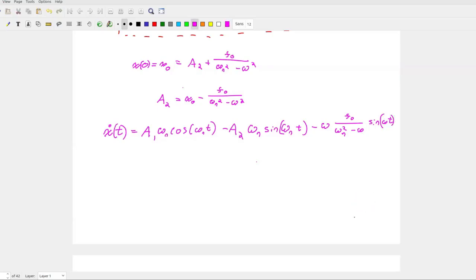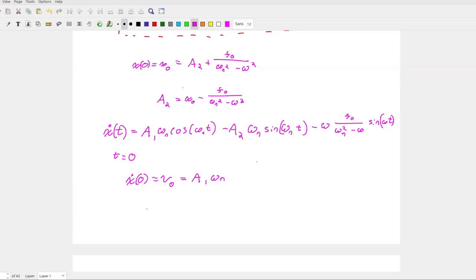All right, so when I've got velocity, at t equals 0, almost all of this drops off. And so this simplifies to x dot of 0, which is also equal to v0, which is just equal to a1 omega n.